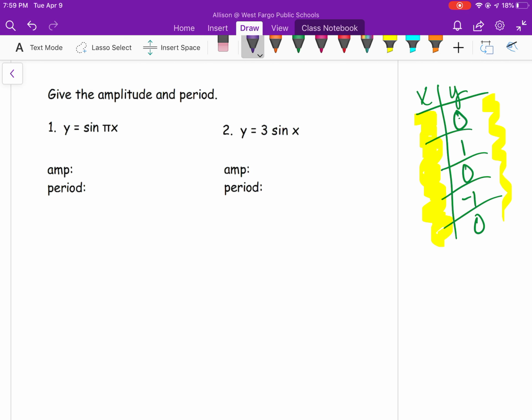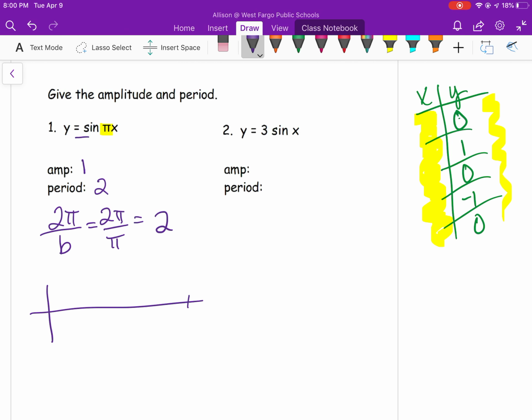So the amplitude is what's out front. So this has just a 1 sine. So amplitude is 1. Period is 2 pi over b, where b in this case is pi. So 2 pi over pi will reduce to just 2. So a period of 2. So that means that this is 2.